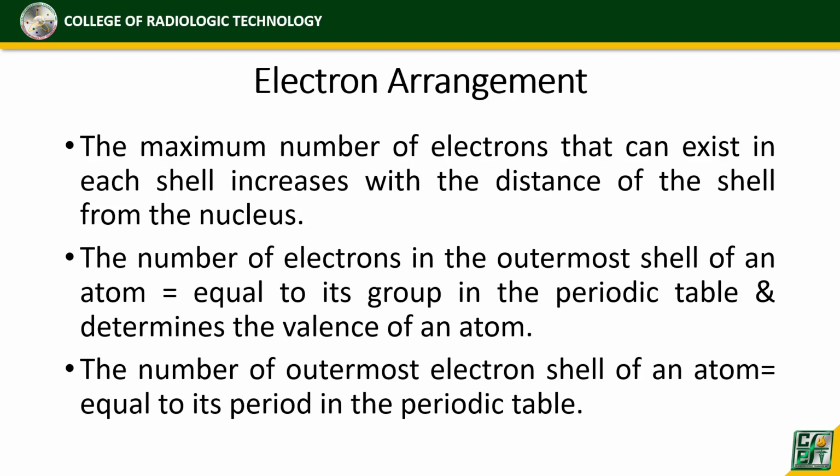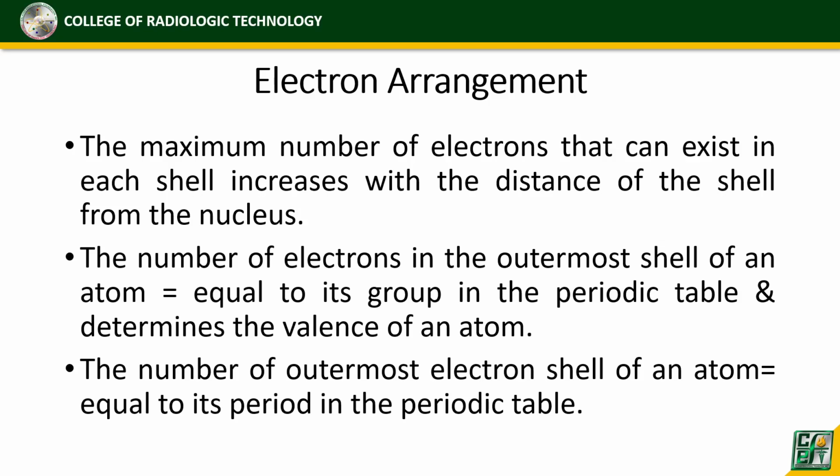So may specific na arrangement ang electron sa bawat orbits. May maximum capacity ang orbits, each orbit or orbital shell or electron shell, may maximum capacity lang siya kung ilang electrons yung pwedeng mag-occupy doon sa specific orbits.